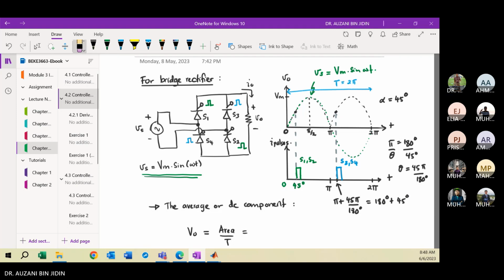Clear? So maybe I need to write it like this. So this is in degrees. Okay, clear? So the gap here will be alpha. Same as here, this gap is alpha. Okay, clear?